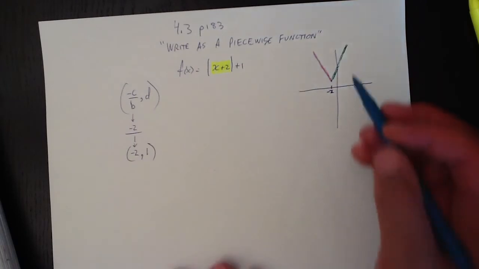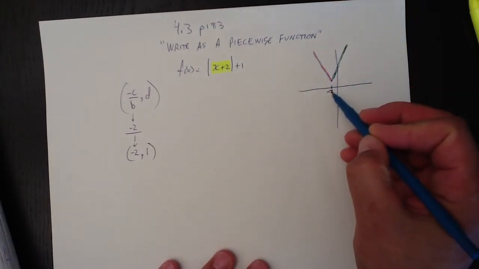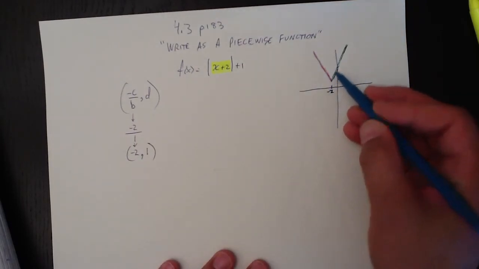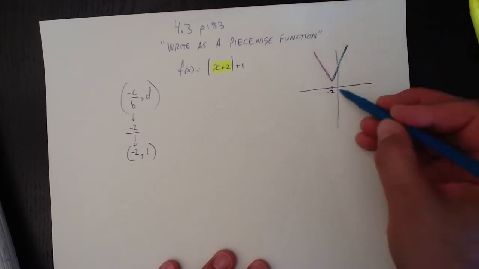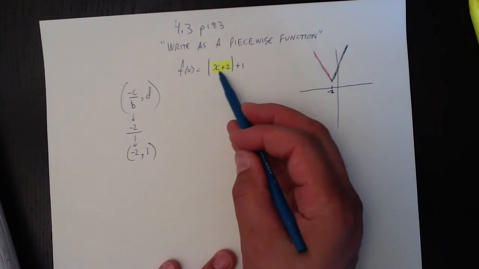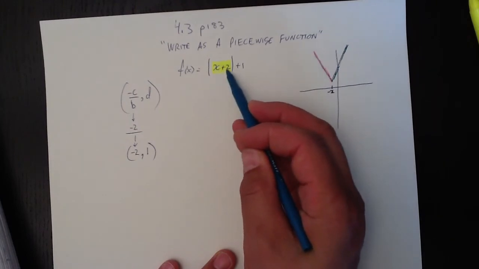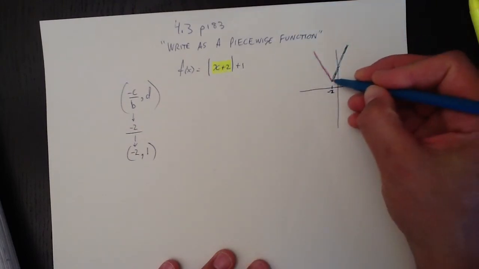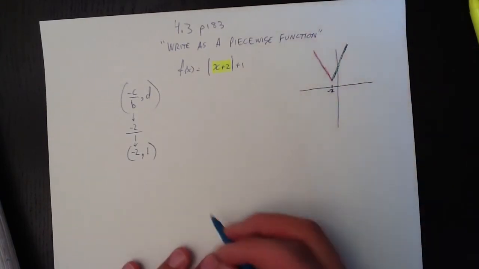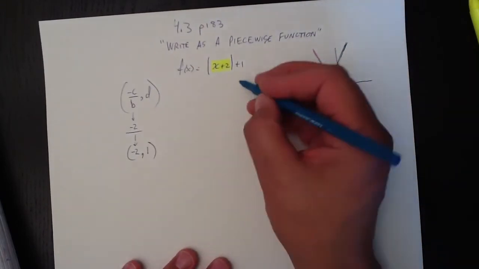And we know that when x is less than negative 2, it's this. And when it's greater than negative 2, or actually even when it's equal to negative 2, because I will have 0 in here, so greater than or equal to negative 2, it's the green line. So what's the function of the green line?